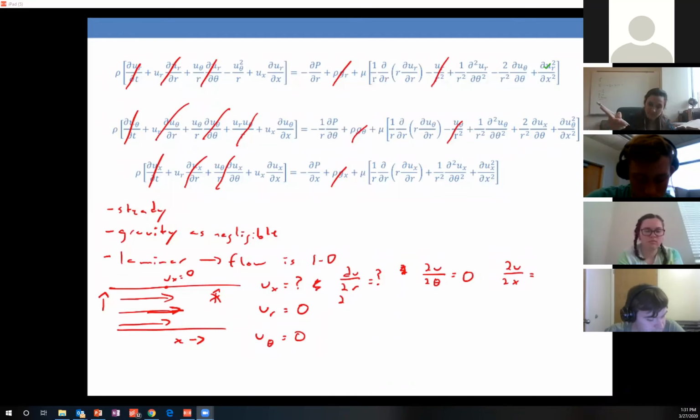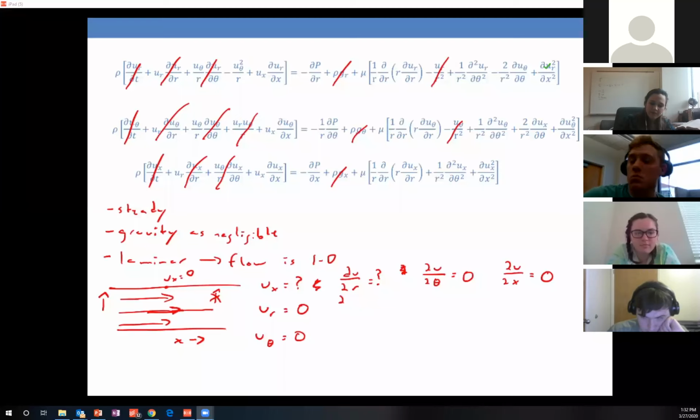Yes, that is 0, because it's fully developed. The velocity profile isn't changing, so at any point as we go along the pipe, u doesn't change. So we only don't know how it's changing across the velocity profile. That is what we're figuring out, because that's the only place where it is changing.